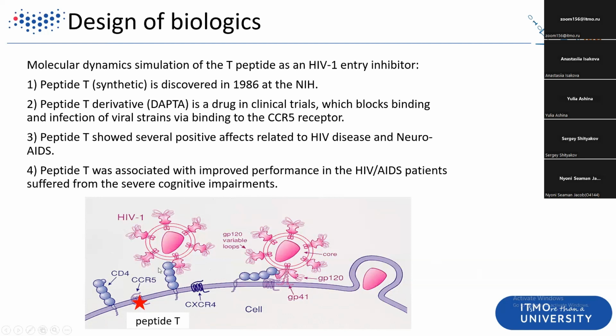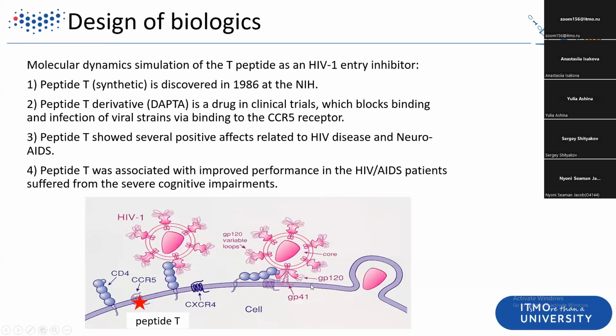The HIV has a very complex structure. It has also a capsid and some proteins which are interacting with the CD4 peptides such as GP120 and GP41.